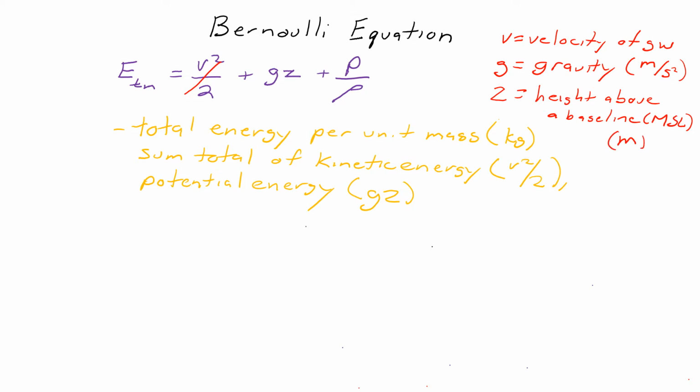MSL means mean sea level. And we measure heights in meters. And finally, a pressure term, where P equals pressure, and rho equals density.